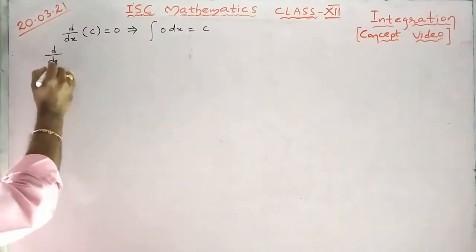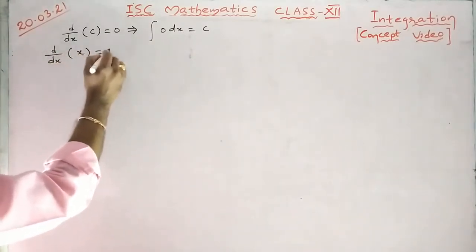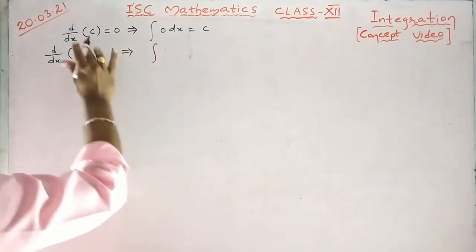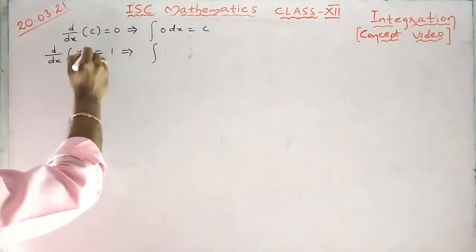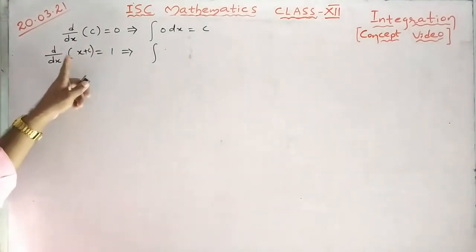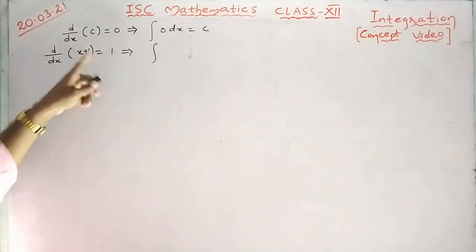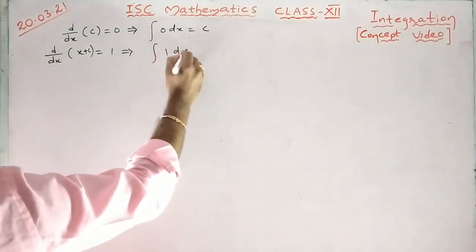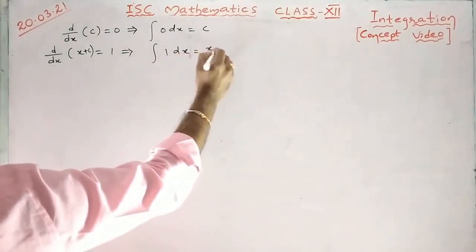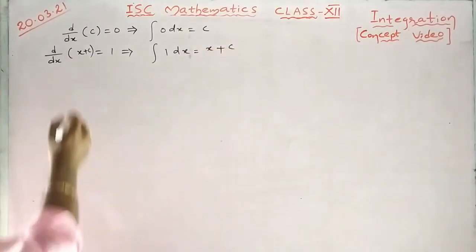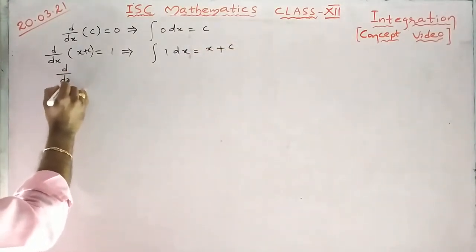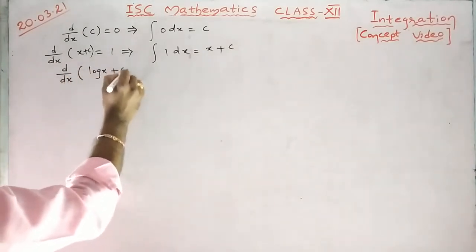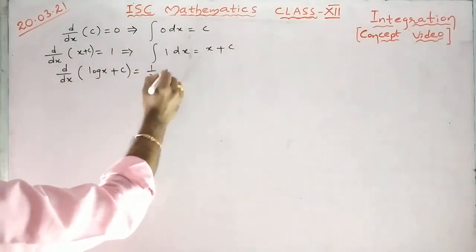So d by dx of x, what is the derivative of x? 1. So we can write integral 1 dx, in the place of x, I am writing x plus c. Derivative of x plus c means 1 plus constant derivative 0. So there will be no problem. So 1 dx equal to x plus c. Similarly, d by dx of log x plus c equal to 1 by x.